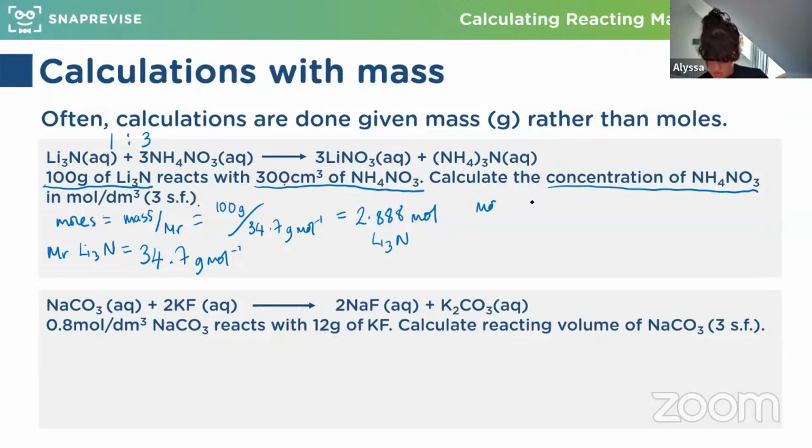So our moles of NH4NO3 have got to be 3 times as big. Fabulous. Well done. So 3 times. Again, use whichever value you've got in front of you. I'm going to use my 2.888, but you use 2.86 if you want to. So that gives me 8.64 moles approximately.